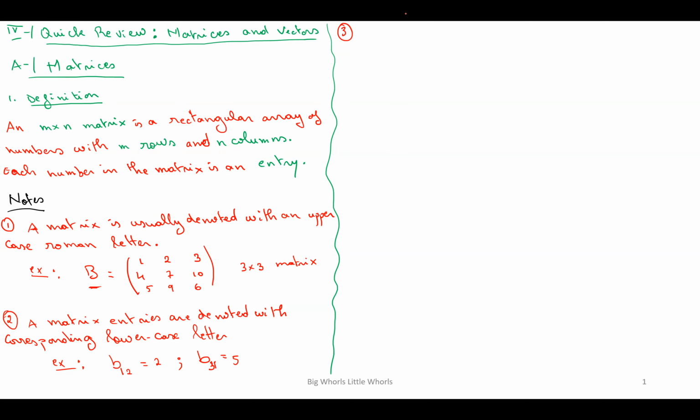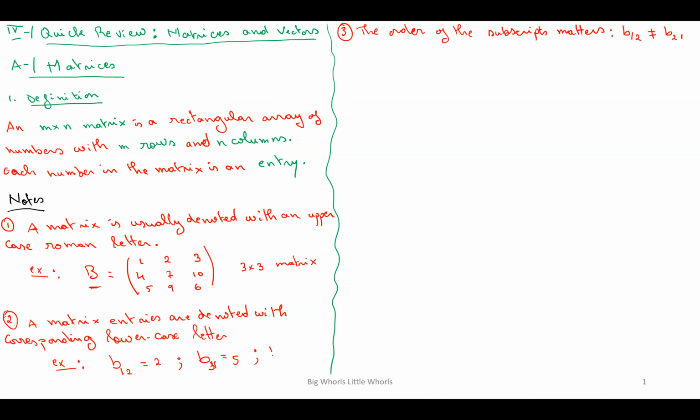The third note: the order of the subscripts matters. Let me write it and show you the example. That means B1,2 is different from B2,1.